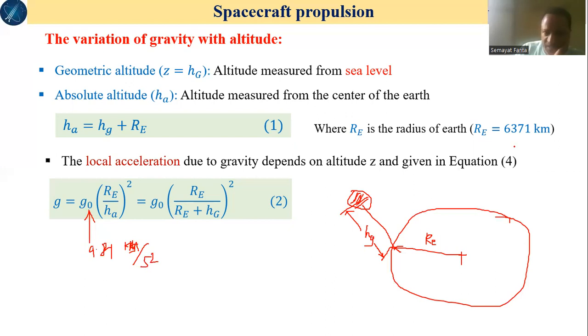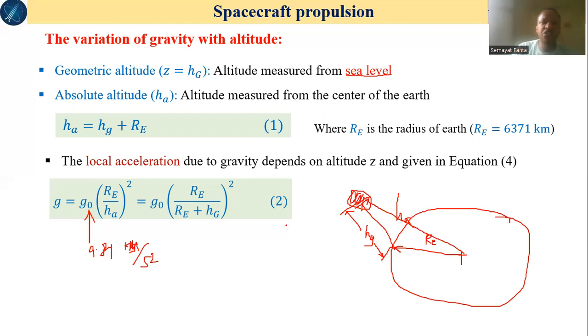The radius of Earth is known, which is 6371 kilometer, and HA is the absolute altitude. That is our absolute altitude. The geopotential height is measured from actually sea level.